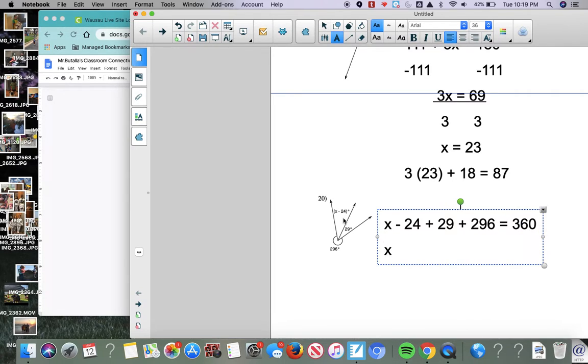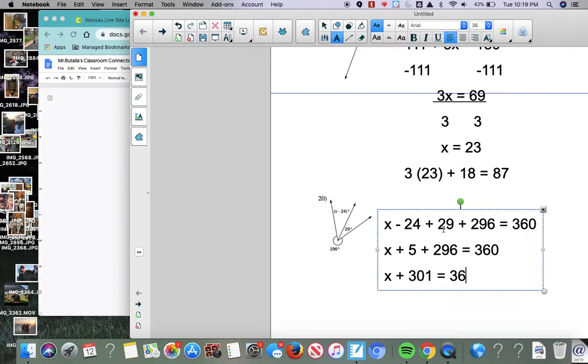And I'm going to right away combine like terms. I see I have a negative 24 and 29. That's going to give me a positive 5 plus 296 equals 360. And if you're using a calculator, which you could combine all that right away to get 301 equals 360.